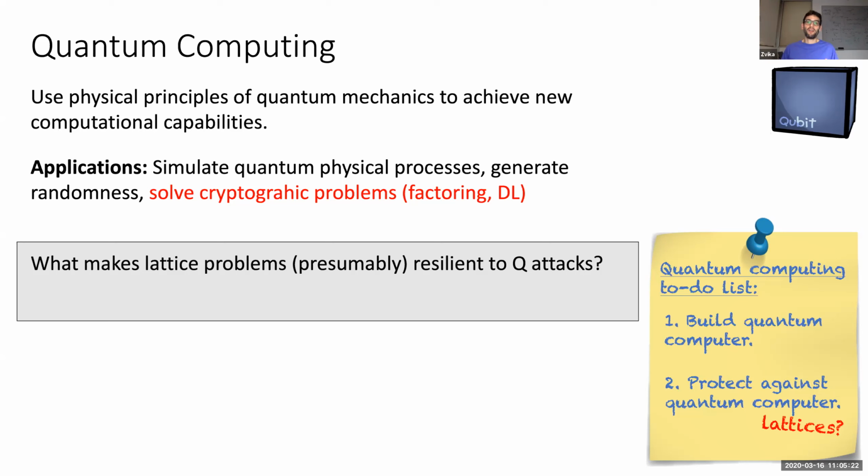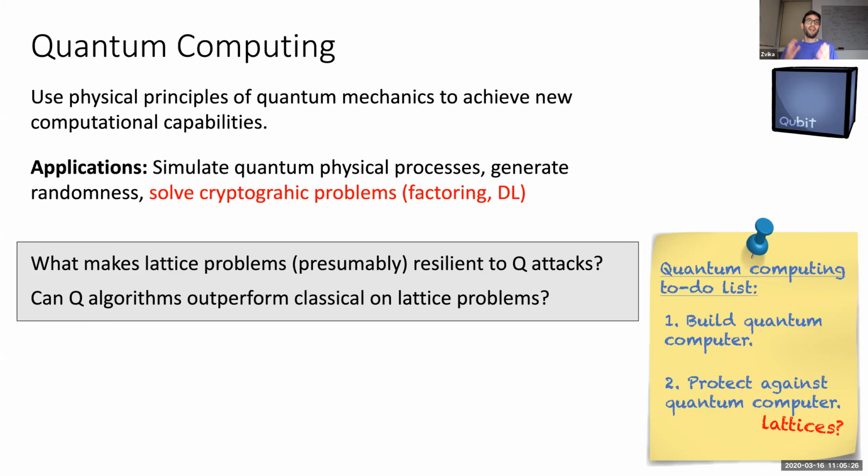And maybe in terms of scientific curiosity, even if we don't completely break lattice cryptographic schemes, we want to understand whether quantum algorithms can, in any situation, outperform classical ones in the lattice setting.